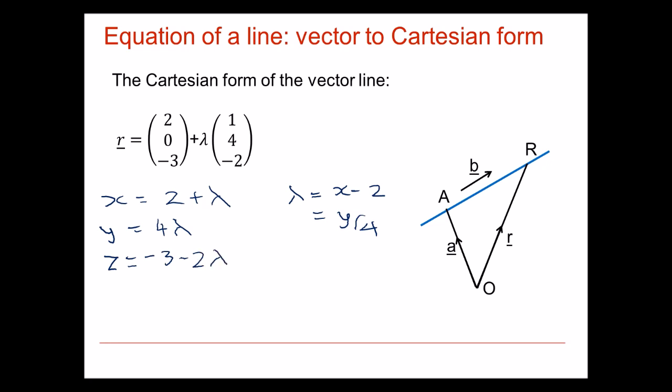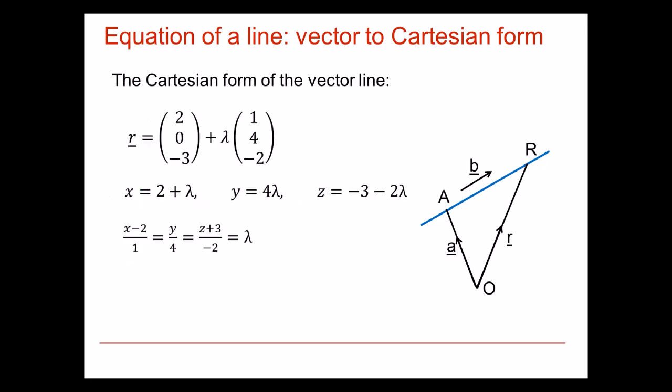So in this case lambda equals (z plus 3) all over minus 2. We could say that it was (x minus 2) divided by 1 if we wish to. This then is the Cartesian form, where the equals lambda at the end is optional.